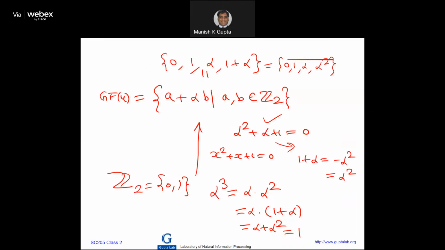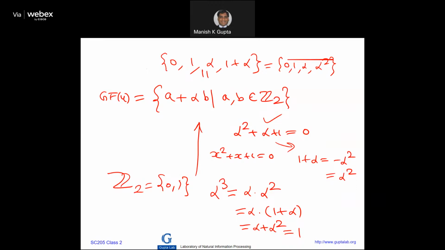Both are different, though both are called root of unity. Alpha cube is equal to 1. There, omega is a complex number, plus minus something, I don't remember the value, so you can find it. Here that is not the case, because you don't know how to solve that, ax square plus bx plus c is equal to 0. That's a simple equation.